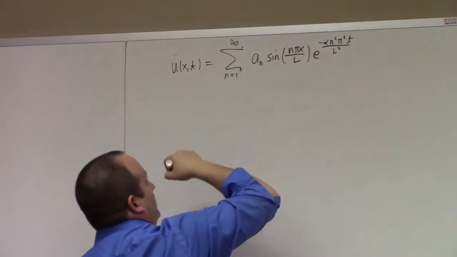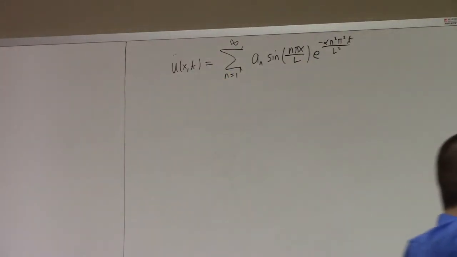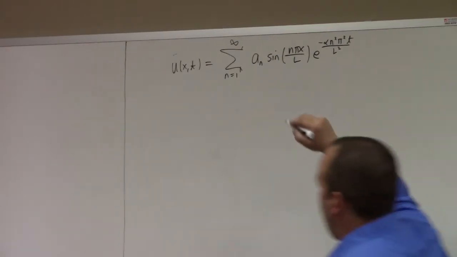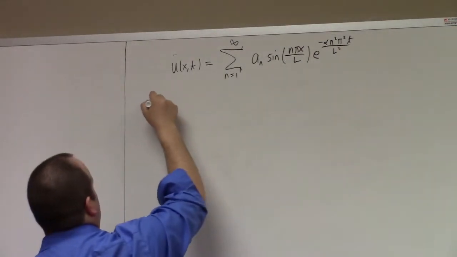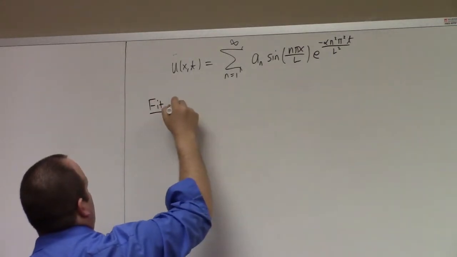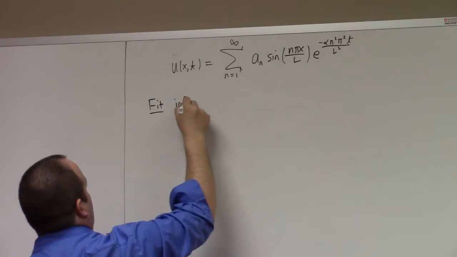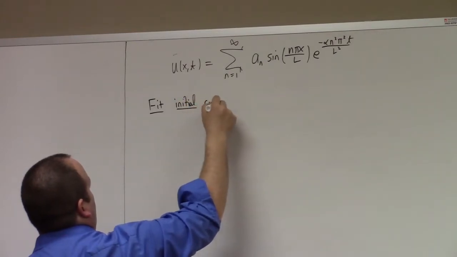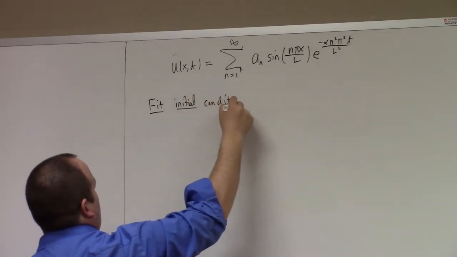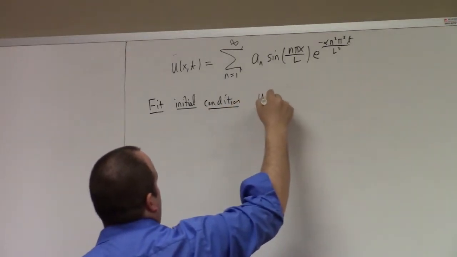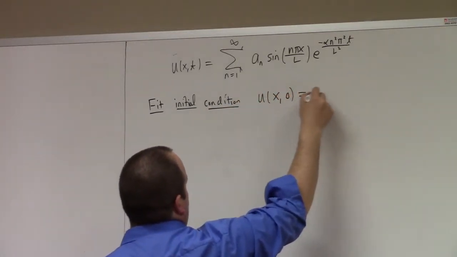And that's it, right? Right, formally. And now we want to fit the initial condition. What was the initial condition I wanted to fit? u of x comma 0 equals f of x, right?